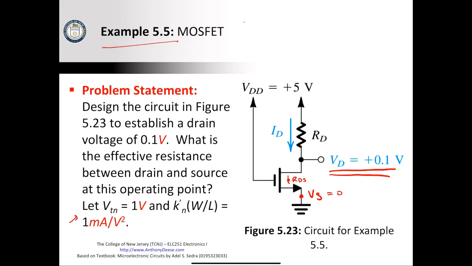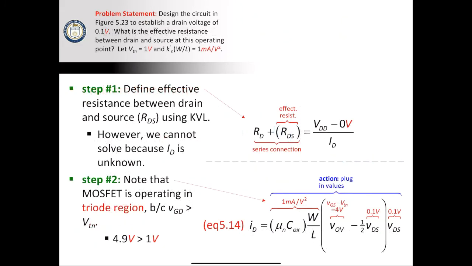First question we're going to ask ourselves, which equation do we need to use? Which region of operation are we in? Always going to ask ourselves that question. I'm going to skip this equation for one second, because trying to figure out what RDS is before we know what the current is, it's not going to work.